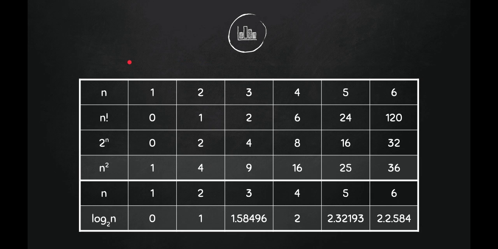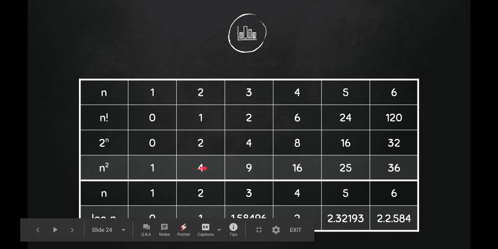Now, this graph gives you this table, which gives you a better indication of what's happening. So we've got n here being 1, 2, 3, 4, 5, 6. Look at n factorial. That goes 1, 2, 6, 24, 120. 2 to the power of n does this. n squared: 1, 4, 9, 16, 25, 36.